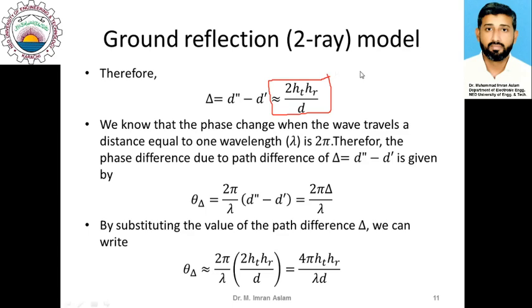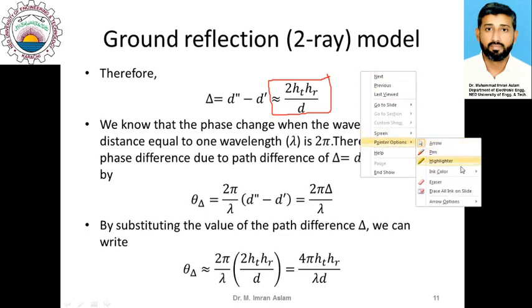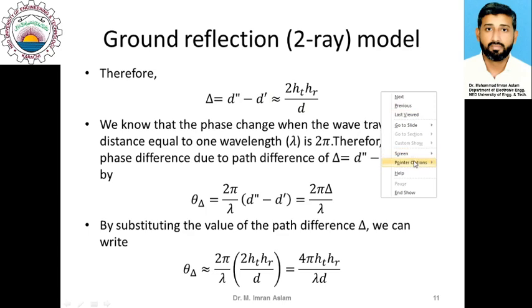Okay, returning back to our original question, we were discussing how to calculate the phase difference. So what is the phase difference when these two rays reach the receiver side? You know that if the wave travels one wavelength, the overall phase difference that occurs is actually 2 pi.